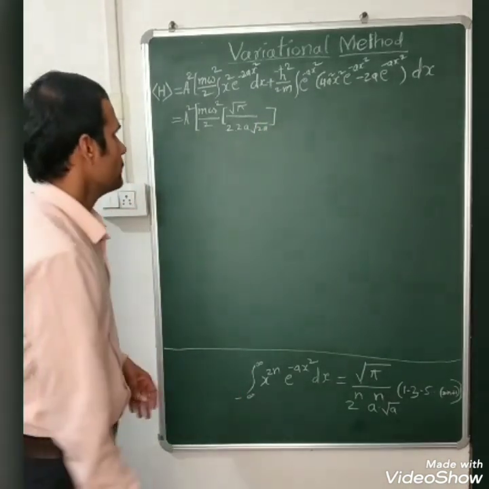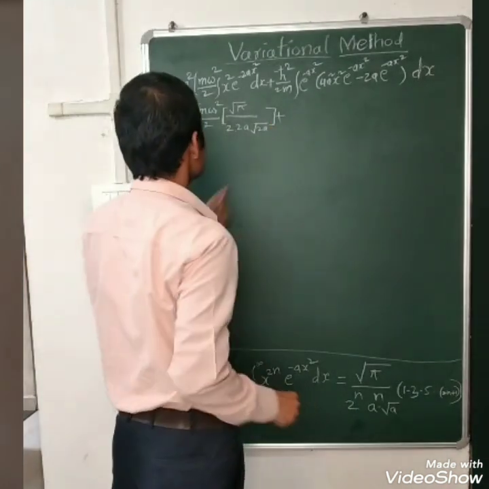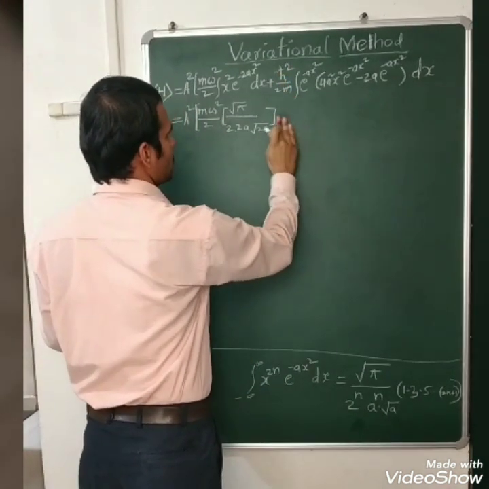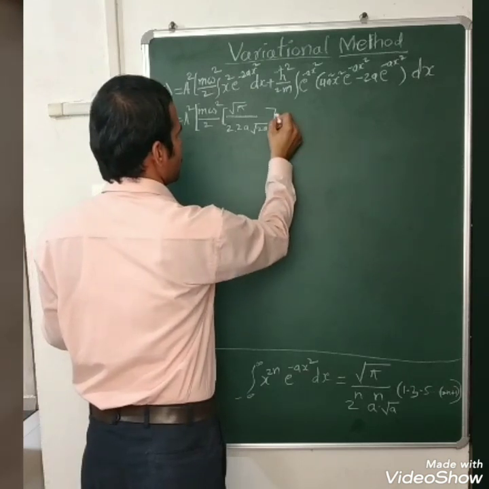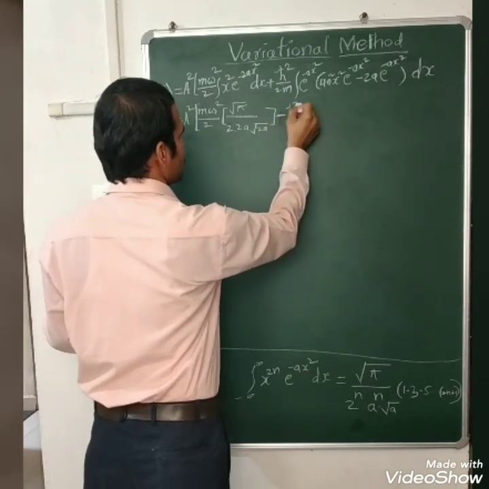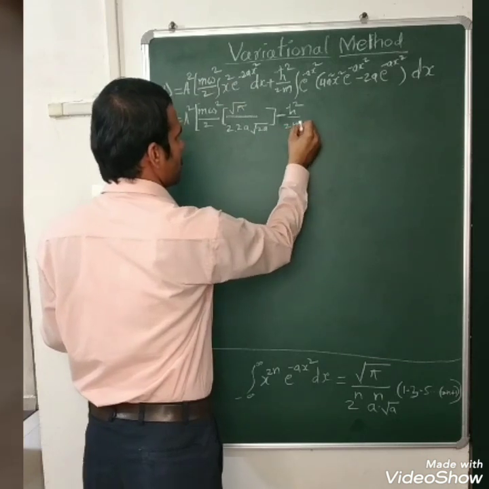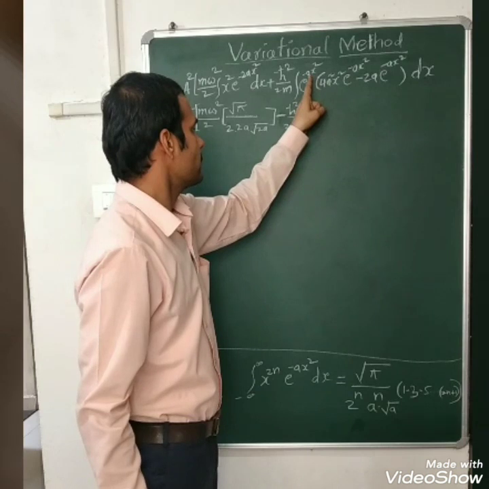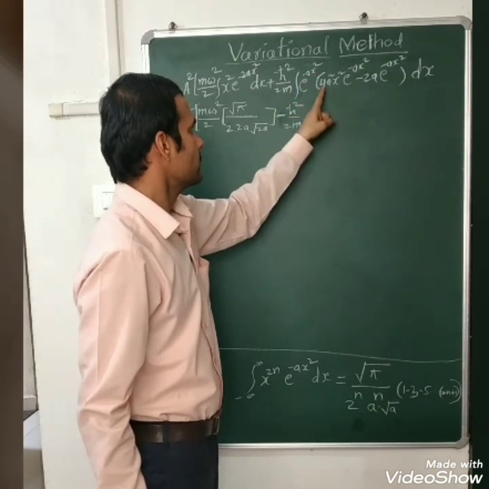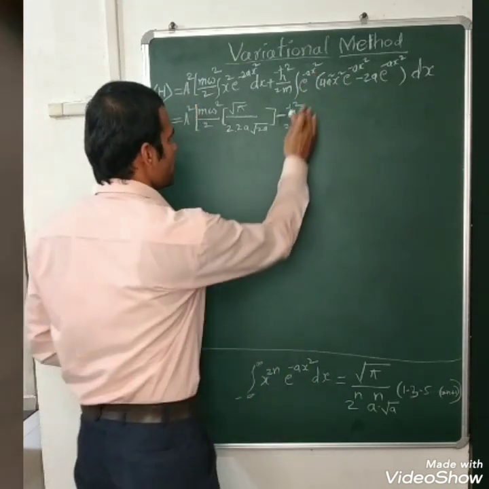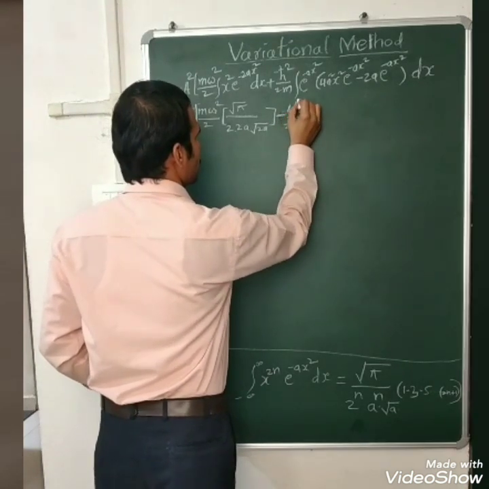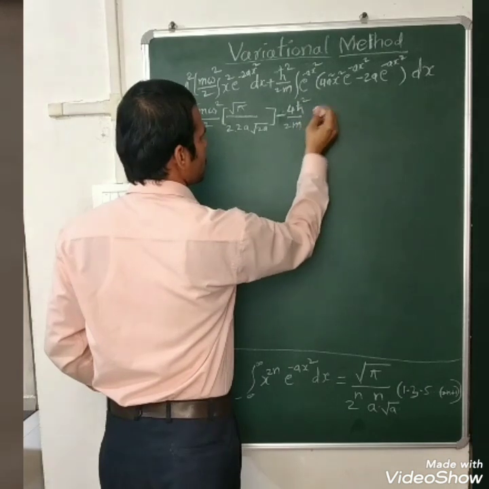Okay, now plus, here there is a minus, so directly we can write minus h cross square by 2m. The first term, e raised to minus ax square, into this. So directly we can take the constant outside, h cross square.